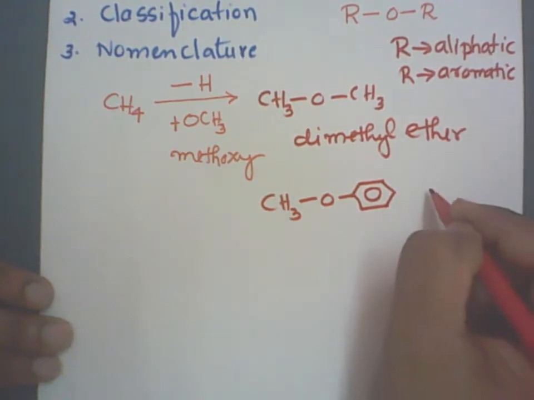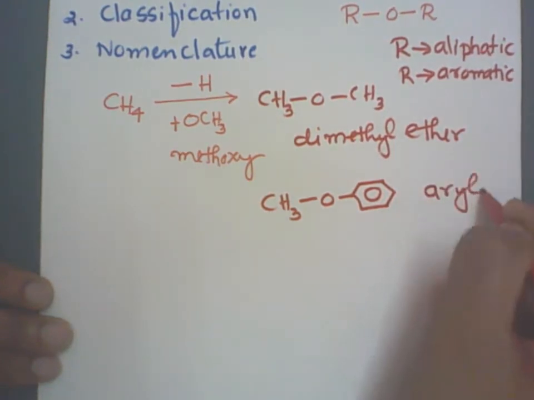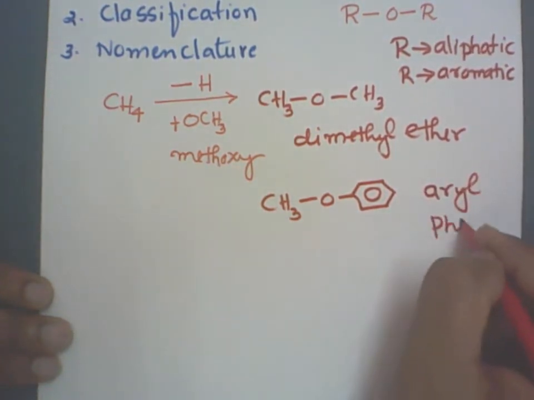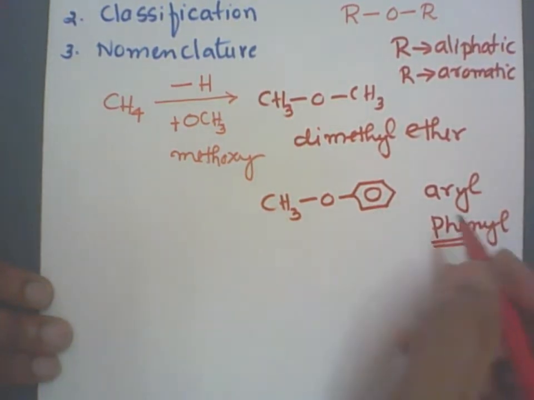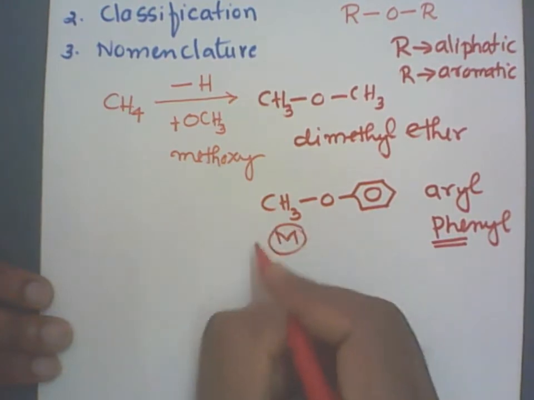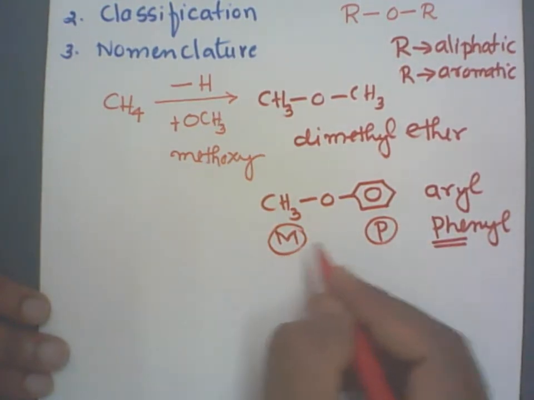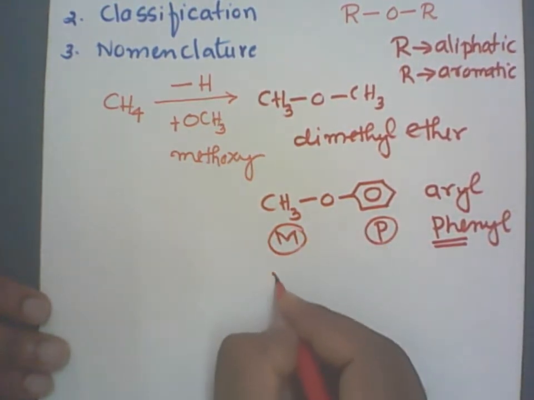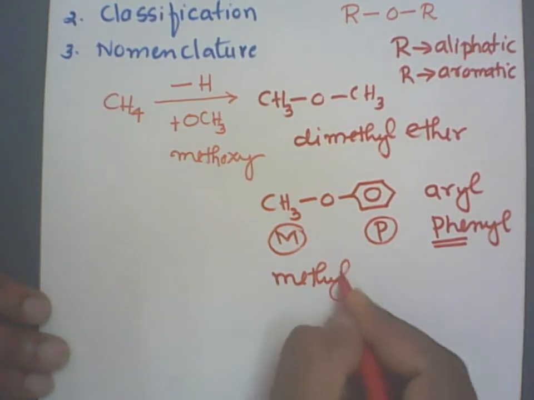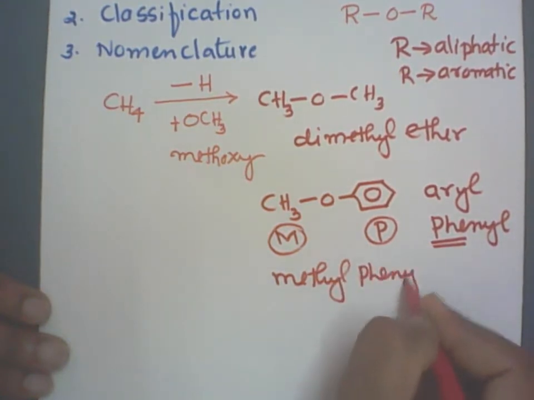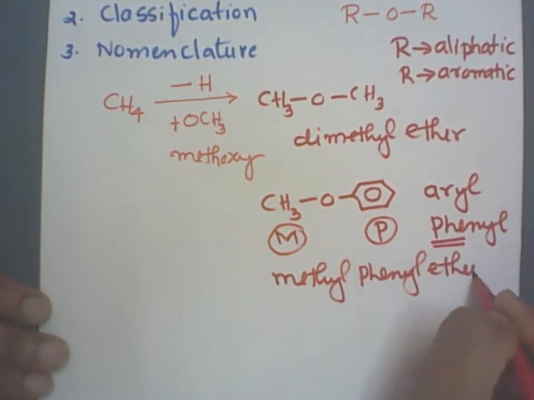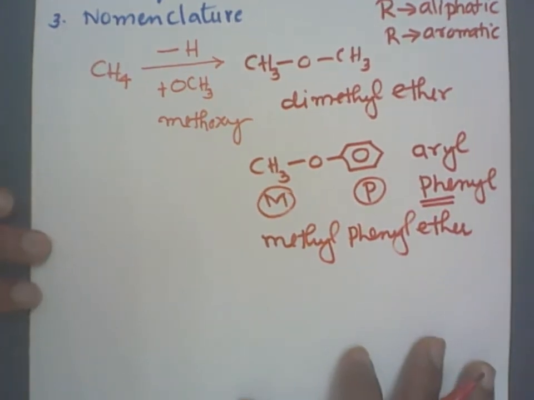You know that benzene groups are called, in general, aryl, or specifically phenyl. Methyl M, phenyl P, alphabetical order. So methyl comes first, then phenyl, then ether. So it is called methyl phenyl ether.